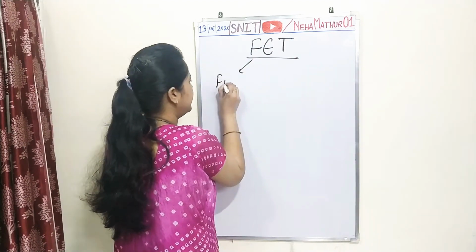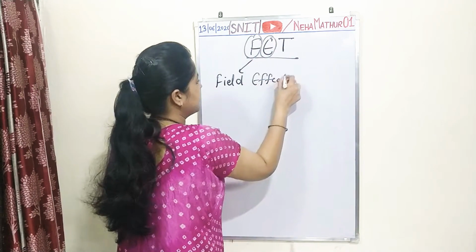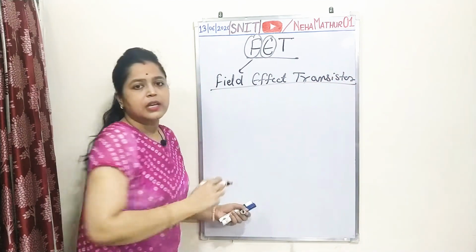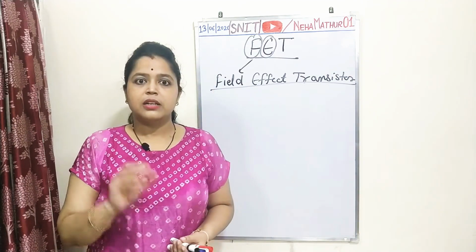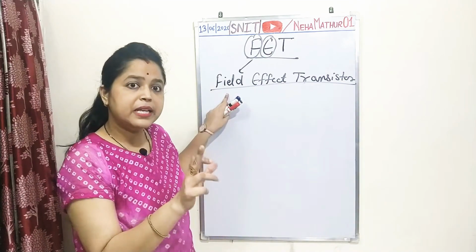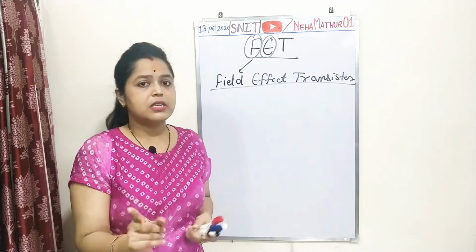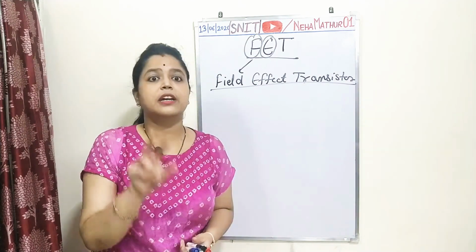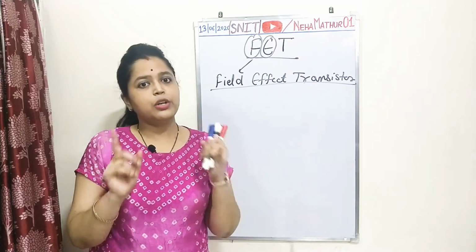Fine. So, our today's topic is FET. That means field effect transistor. See, this is another semiconductor device, but in this device the complete mechanism is based on the effect of field. Field means electric fields. That means the output of field effect transistor based device is going to be controlled by induced electric field, and that electric field is induced by applied input voltage.